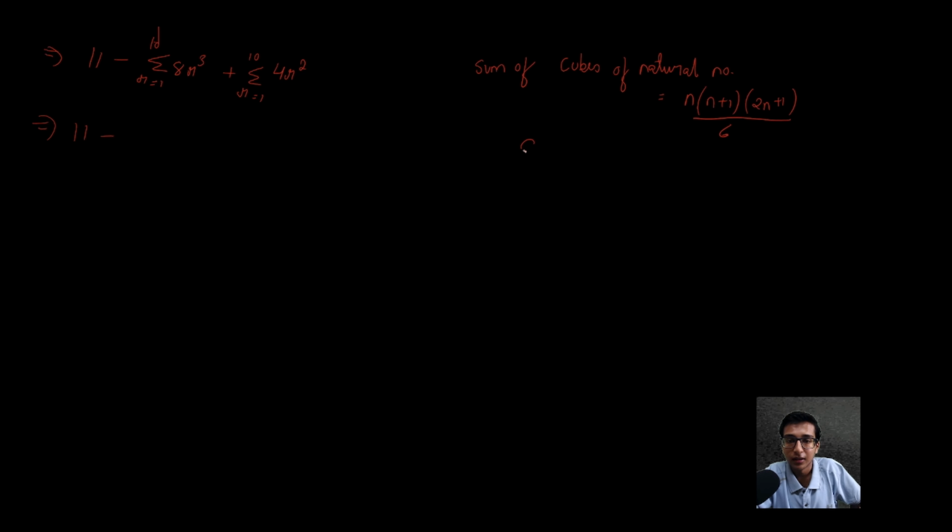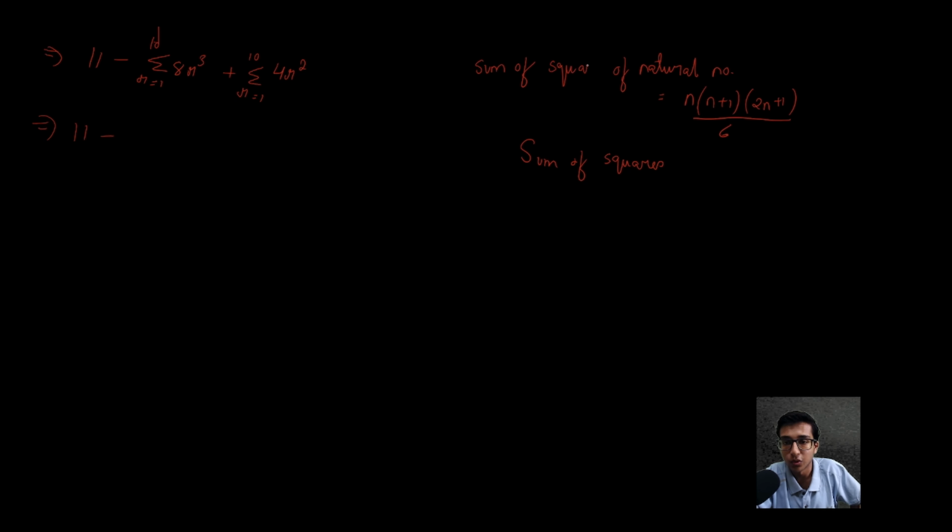Here we know r is equal to 10, so for cube, let us write it down here. Sum of cubes of natural numbers. We remember the formula was n into n plus 1 into 2n plus 1 by 6. I'm sorry, I just got a little messed up.